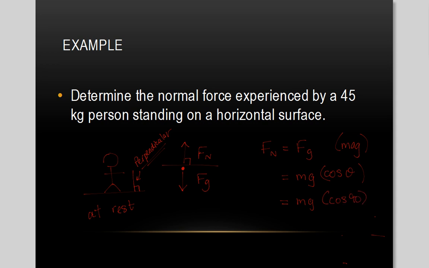Cos 90 is not 0. Cos 90 is 0. The heck? Can't even remember my basic facts from trig. Yeah, cos 90 is 0. So this is a problem.